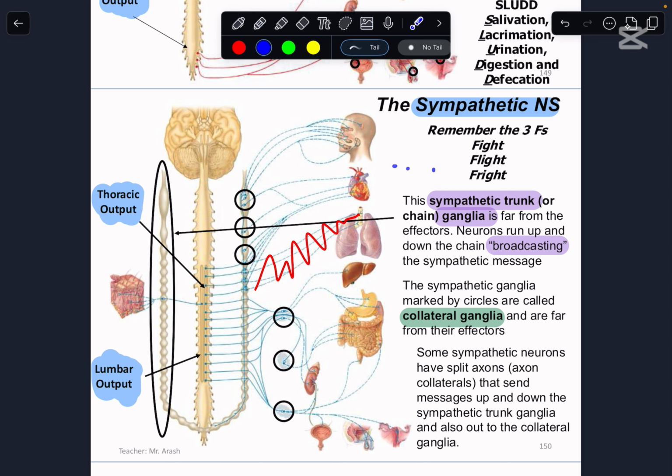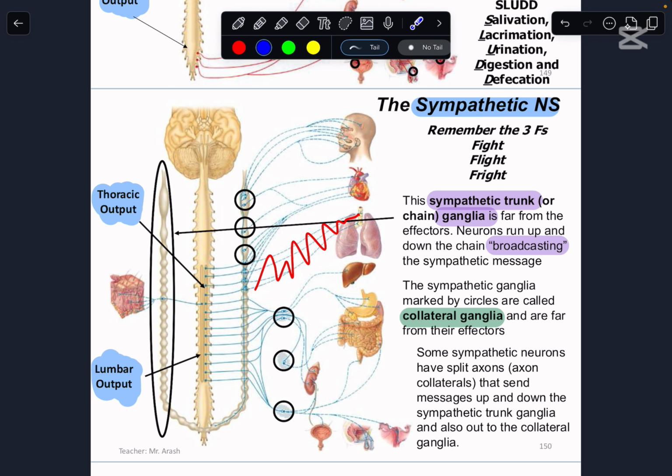So this need for a synchronous response is achieved by this trunk, the interconnections of all these sympathetic ganglia, and they crosstalk. When one nerve comes and activates the ganglia here, it sends a signal up and down so that the heart and the lungs and the kidneys and everybody else get activated at the same time.